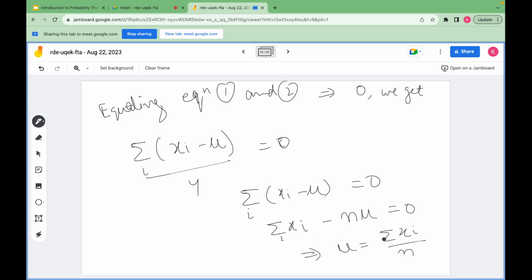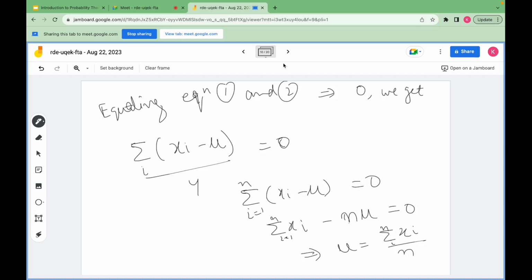The sigma is over all i's, 1 to n. That's why n mu comes here, because this summation is for n times. We sum over all the xi's and then minus n into mu. So this mu will be summation over xi's upon n.